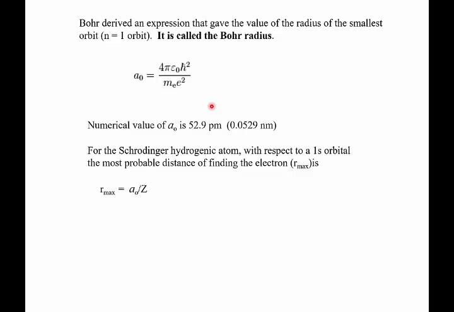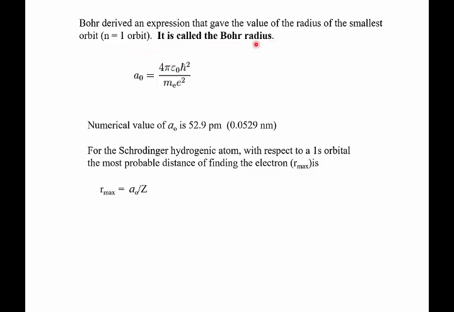Bohr also, as we mentioned before, derived equations for calculating the radius of his orbits. This equation shown here is the equation that Bohr used to calculate the radius of the smallest orbit, at least in his model of the hydrogen atom, the n equals 1 orbit.